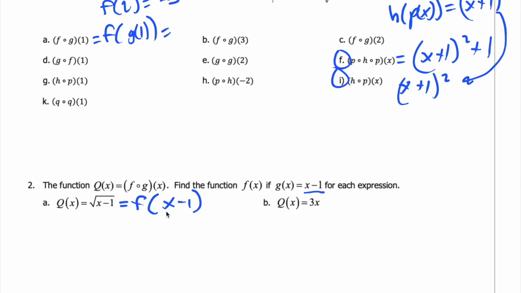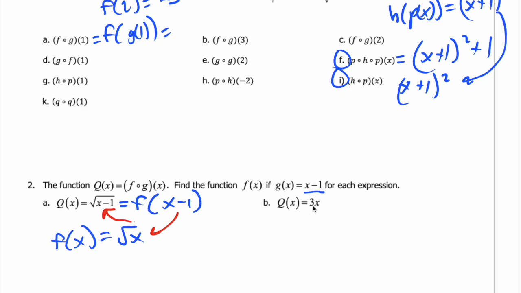So this one's pretty easy. If you put x minus 1 into what function gives you this, then f of x has to be root x, right? Because if you take x minus 1 and substitute it into root x, you get this one right here.